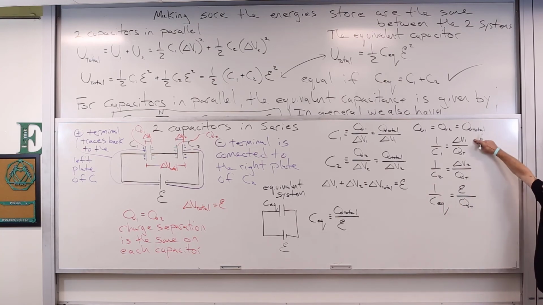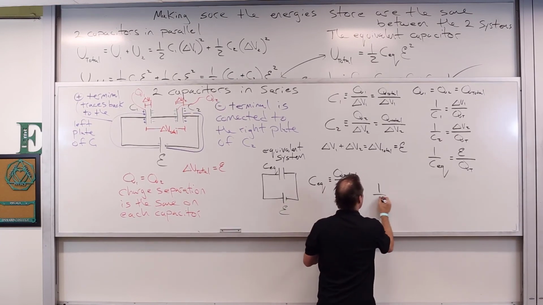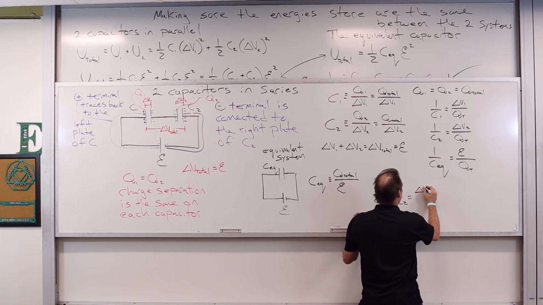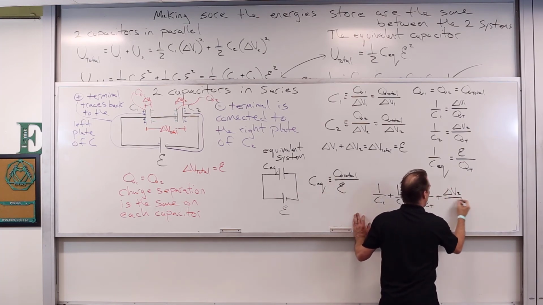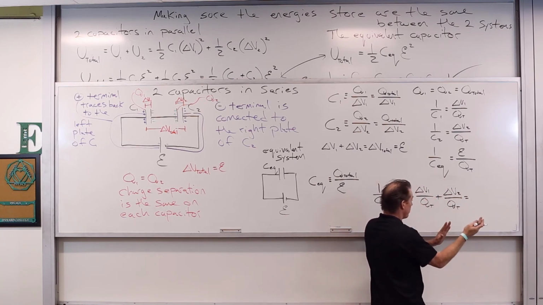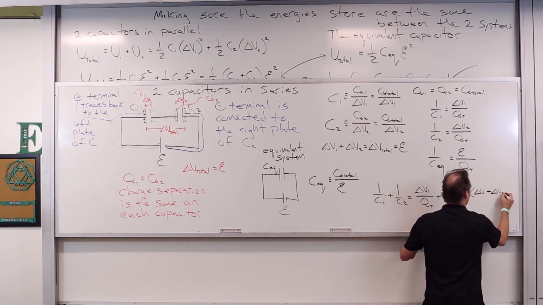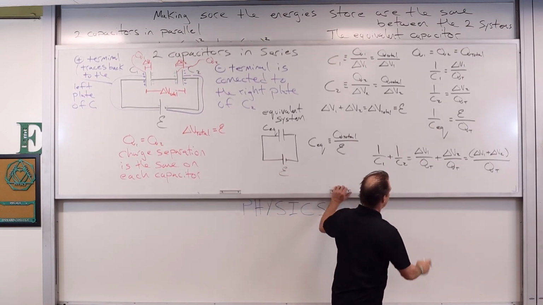Well, delta V1 plus delta V2 is equal to the source potential, right? So what happens if we just add these together? 1 over C1 plus 1 over C2 is equal to delta V1 over Q total plus delta V2 over Q total, which is equal to delta V1 plus delta V2 over Q total. And what does that give us?